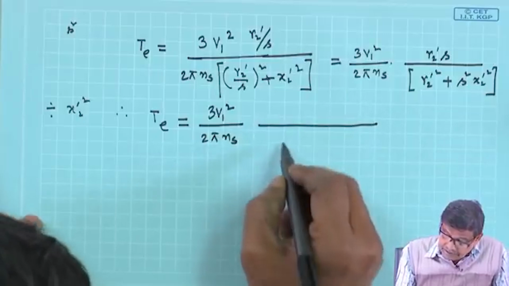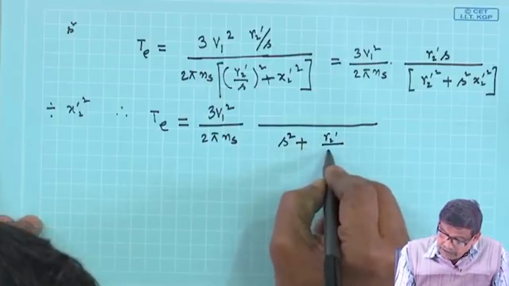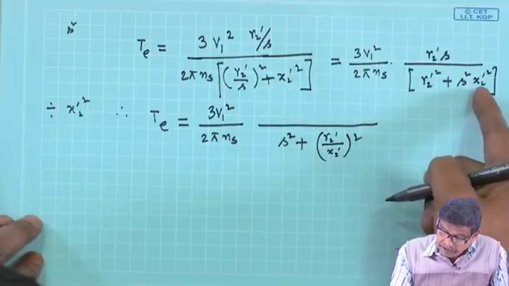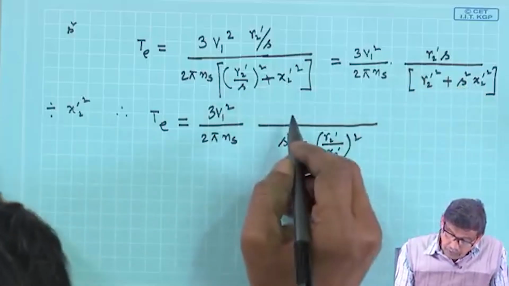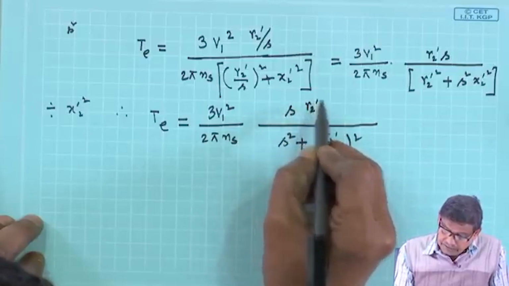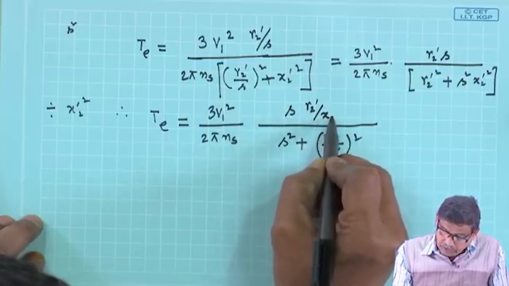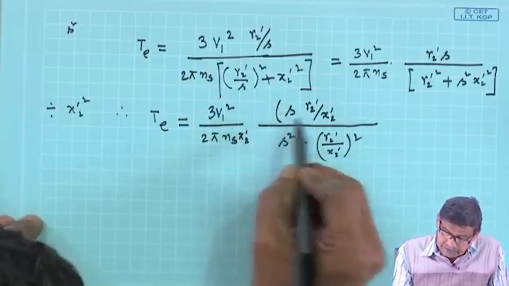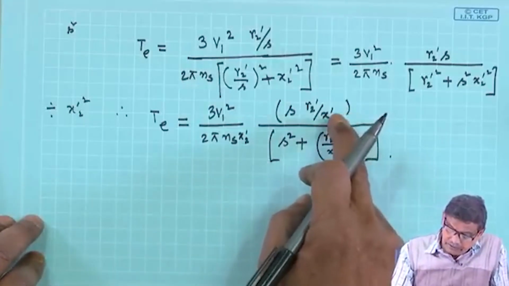If you divide like that, the denominator becomes S squared plus R 2 dashed by x 2 dashed whole squared, and on the top it will be S into R 2 dashed by x 2 dashed squared, that is x 2 dashed, and another x 2 dashed I will write here, clear. This is the thing. So, x 2 dashed squared, one x 2 dashed I keep it.